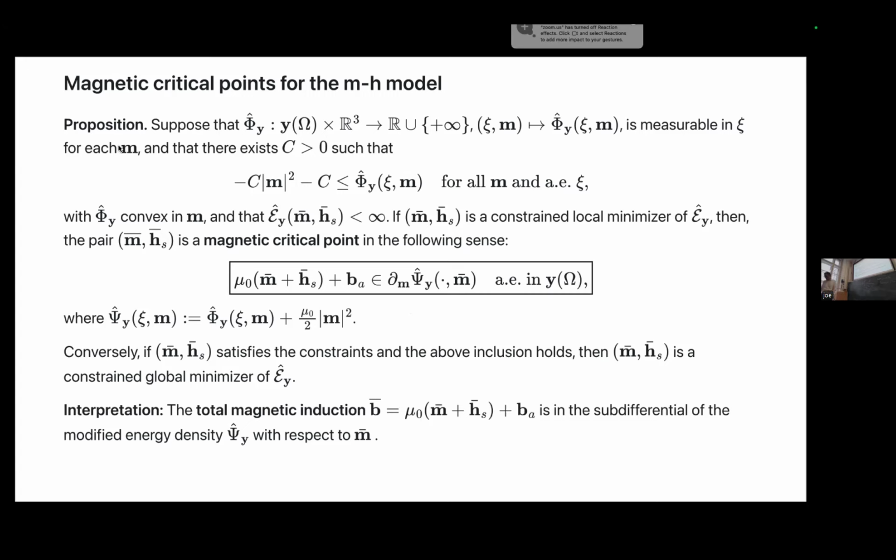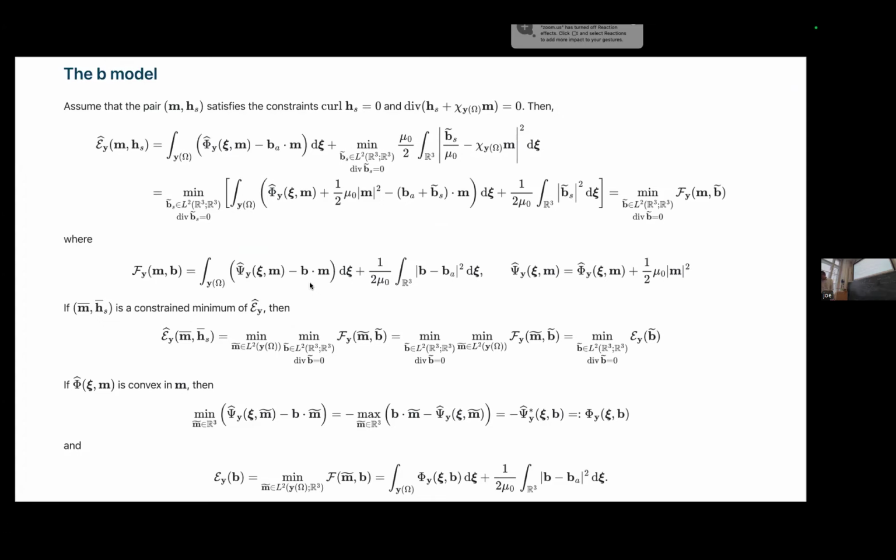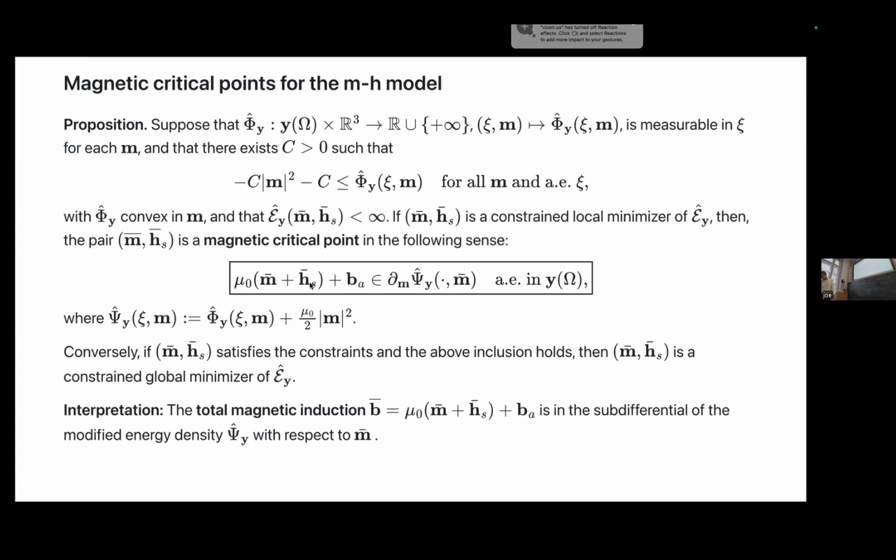I will not do the calculations, but if we go back to this energy and compute the variation with respect to m, and we use the fact that Hs is a projection operator, we find that any stationary state, so any minimizer, has to satisfy this Euler-Lagrange equation inside the deformed configuration, where here you have the subdifferential of psi, and this works in the convex case.